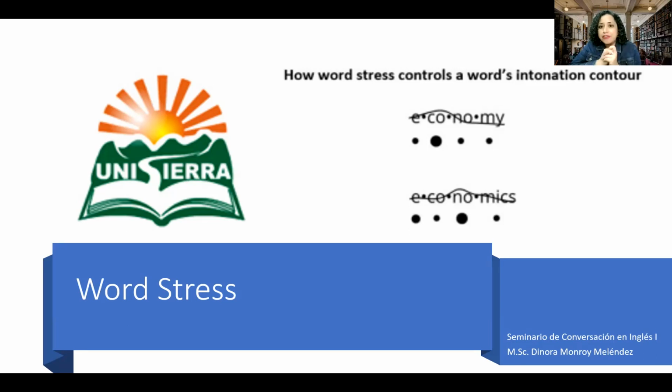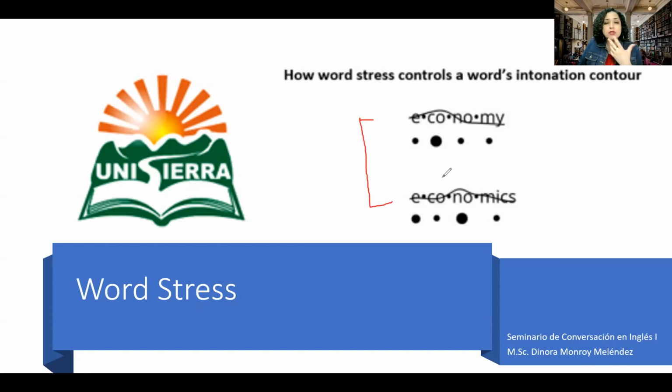Okay, so what we're covering is what you're seeing here on the cover page: how word stress controls a word's intonation contour. You can see from the differences in these two words that they look about the same and the meaning is close, but it's not.